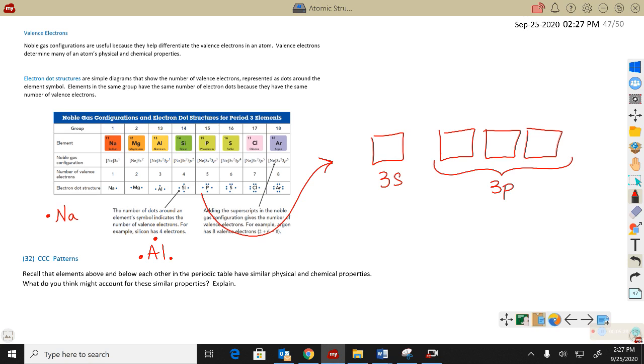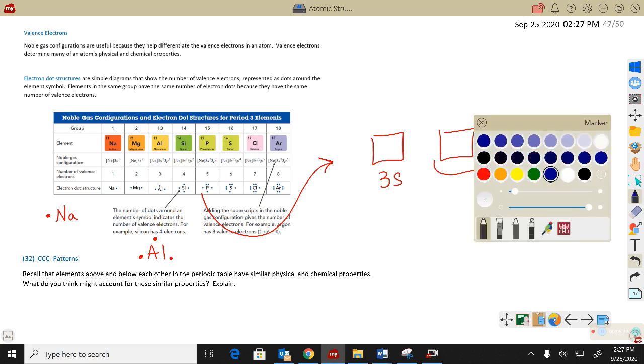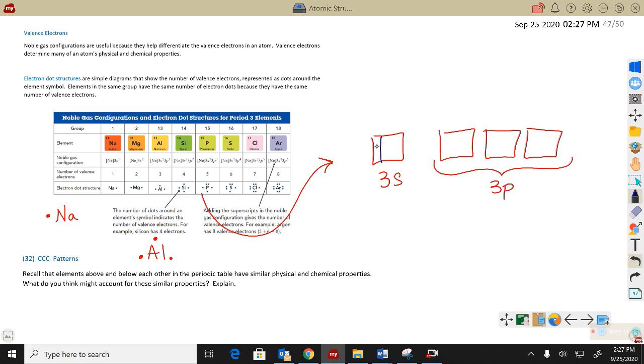And then I start filling them with electrons. So we would fill 1, 2, and then technically when I get up to higher energy orbitals, we're supposed to fill them 1 electron at a time. So here would be the orbital diagram for the valence electrons of phosphorus.